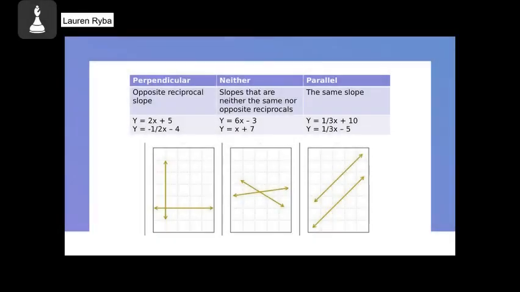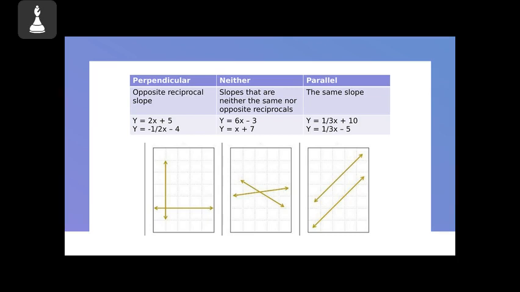So before we can determine what we have, we need to talk about what they look like. Perpendicular lines are going to be opposite reciprocal slopes. So the example I give you here, do note that the equations here do not match what the picture is here. This is just a separate example. y equals 2x plus 5 and y equals -1/2 x minus 4.